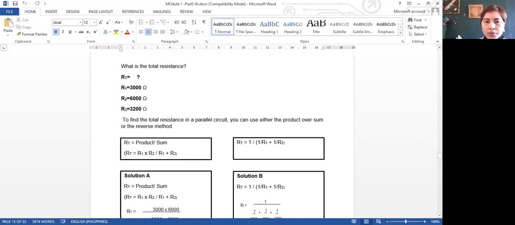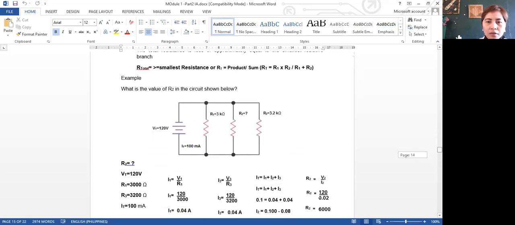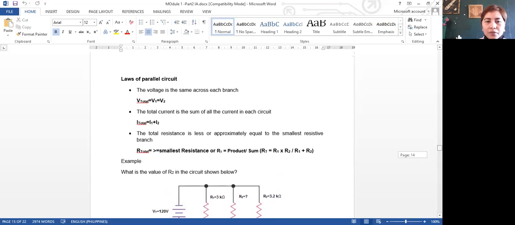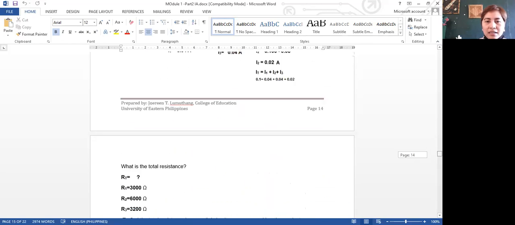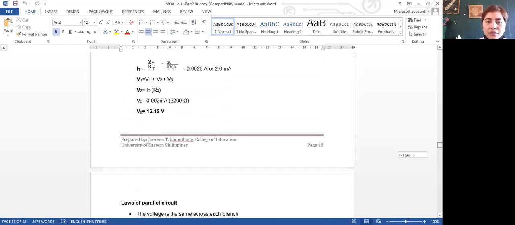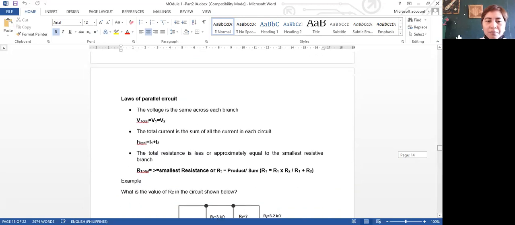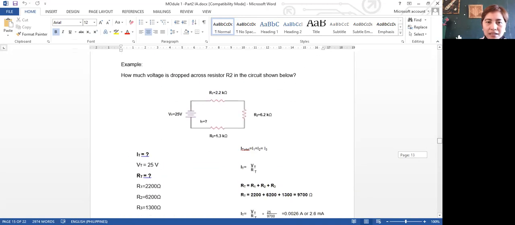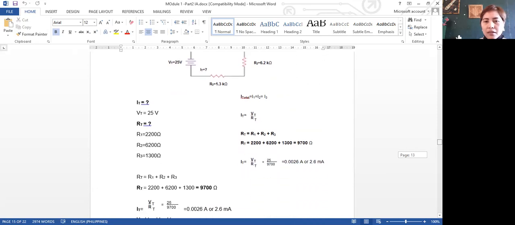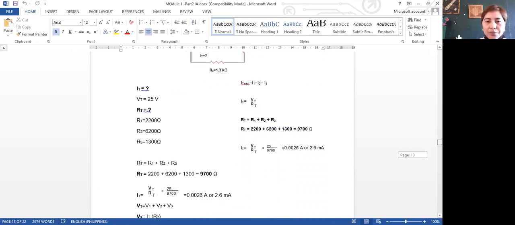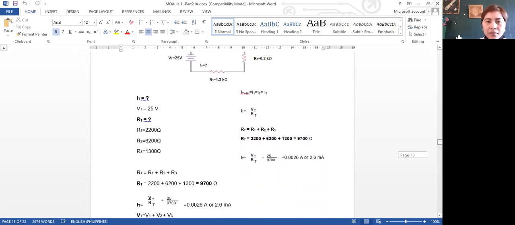Of course, if we are going to compute for the total resistance in a series circuit, we will just have to simply add the different resistances given in the problem or in the circuit.